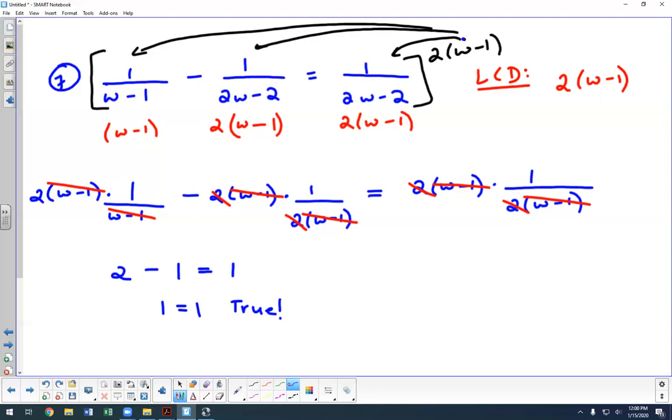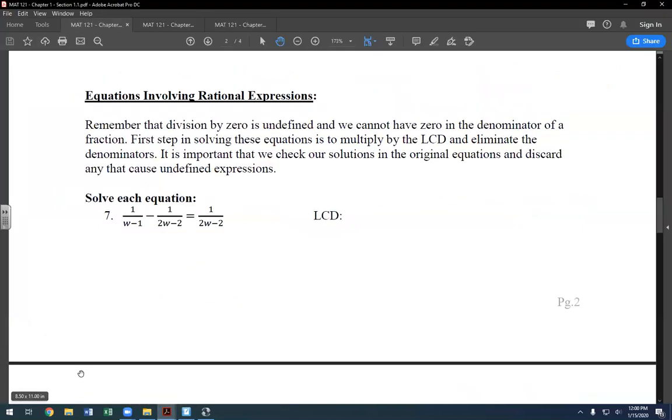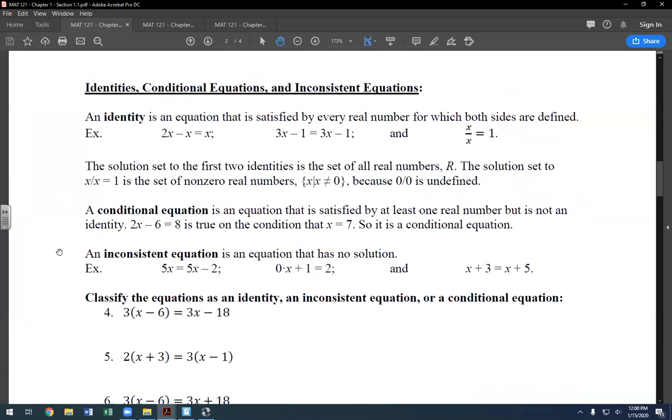Because the moment I put a 1 in here, 1 minus 1 is 0. I put a 1 in here, 2 minus 2 is 0. So let me actually show you how we're going to write this one down. We're going to use this notation where we're basically saying the solution set can be every real number except we cannot use 1 in our case, right?